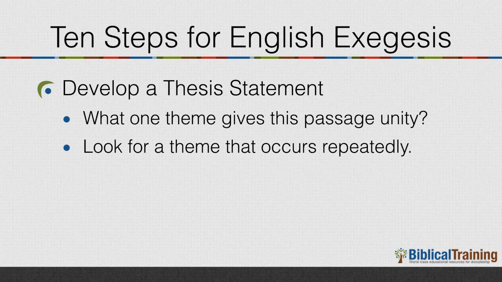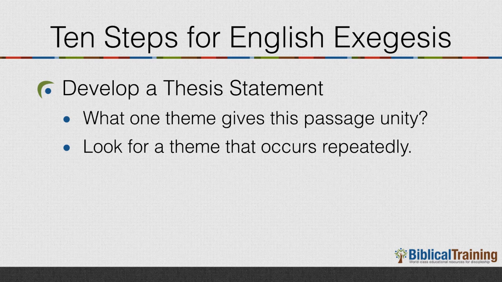Well, obviously, this psalm begins just like this. "The Lord is my shepherd. I shall not be in want." Well, that's going to be the central theme. It's at the beginning, and the banquet imagery continues on into the end. "I will dwell in the house of the Lord forever." So look for a theme that occurs repeatedly. Look for a theme that occurs at the beginning and the end.